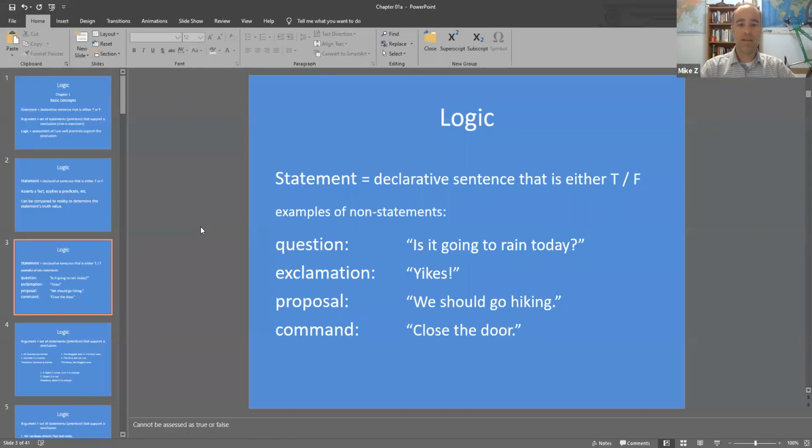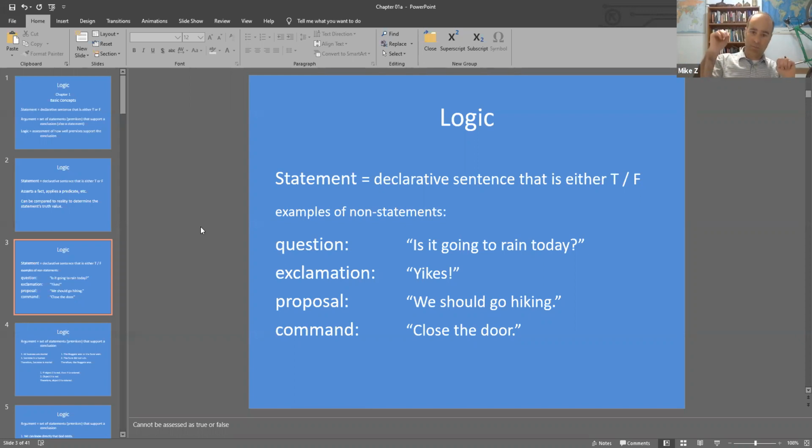Okay. This is perhaps fairly obvious, but nevertheless, a statement is different than other sorts of sentences like questions or exclamations, or a proposal about what we should do or shouldn't do, or a command telling somebody to do something. These are all very common sentences, but none of them are statements.